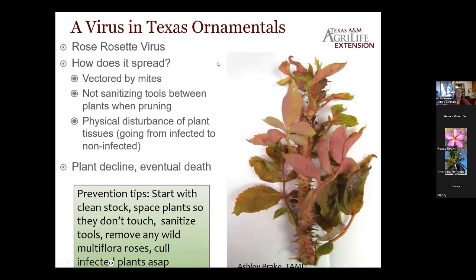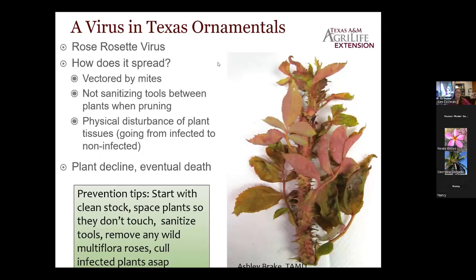All right, so an example a little closer to home is rose rosette virus. This is characterized by discoloration of the leaves, also overproduction of malformed thorns. Those are really straight and they should be curved more like a cat claw. There's also way too many and they're too close. Node length can be too short, or in some cases too long, but in rosette it would be too short.